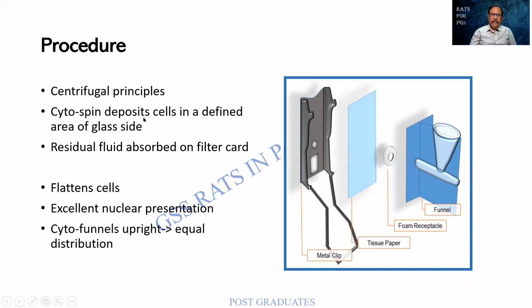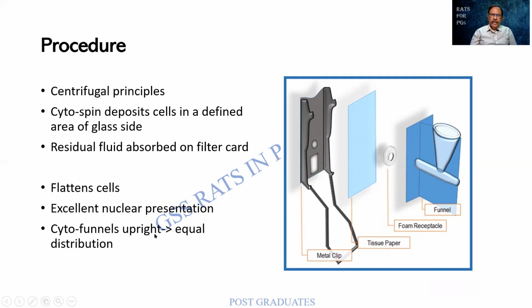The cytospin can deposit the cells in a defined area. That again is an advantage. We need not be searching for cells throughout the slide. The residual fluid is absorbed onto the filter paper or card. There is a flattening of the cells, excellent nuclear presentation, and the cytofunnel.